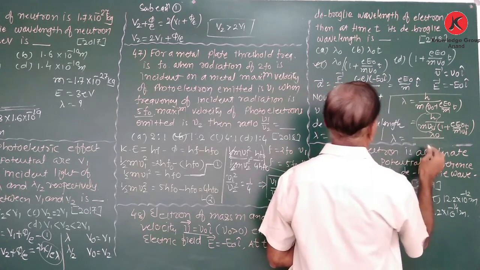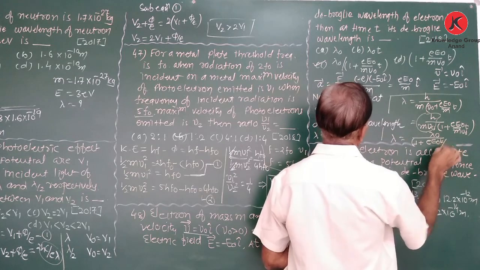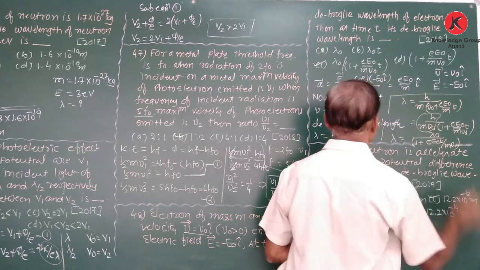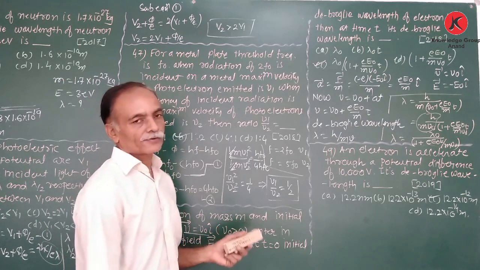Lambda 0 upon 1 + e E0 t upon m v0. So that is the de Broglie wavelength of an electron.